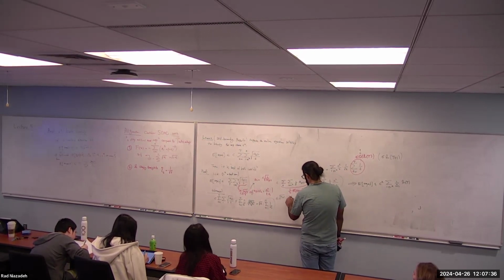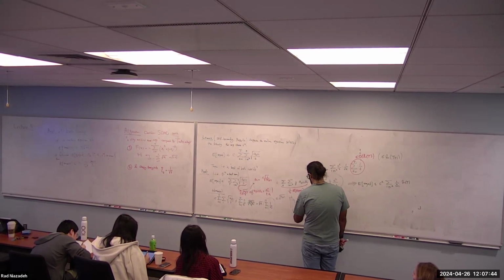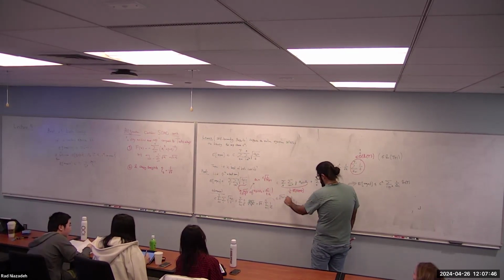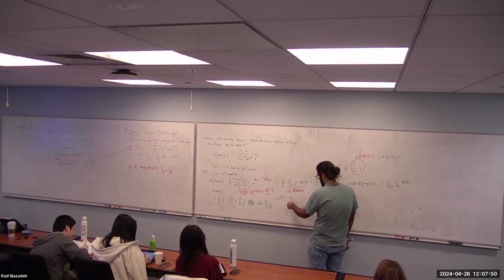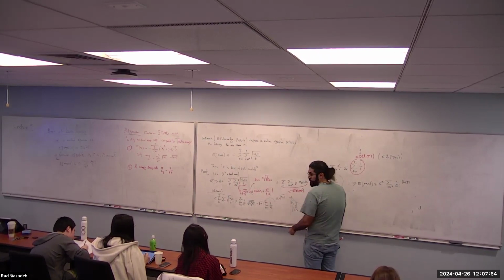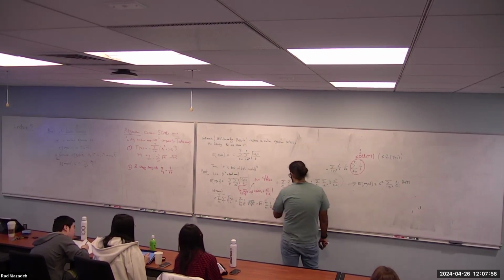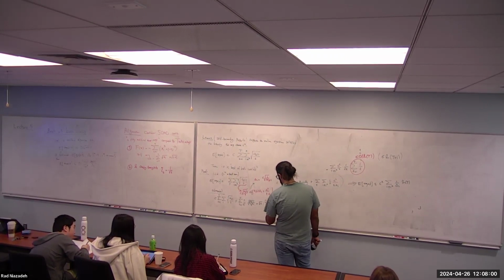So let's say I'm looking at this quantity. So this is 1, this is 2, this is 3, this is t. So this summation is the area of these rectangles. That's at most the integral from 0 to capital T of 1 over square root of t. So this can be bounded by the square root of t.